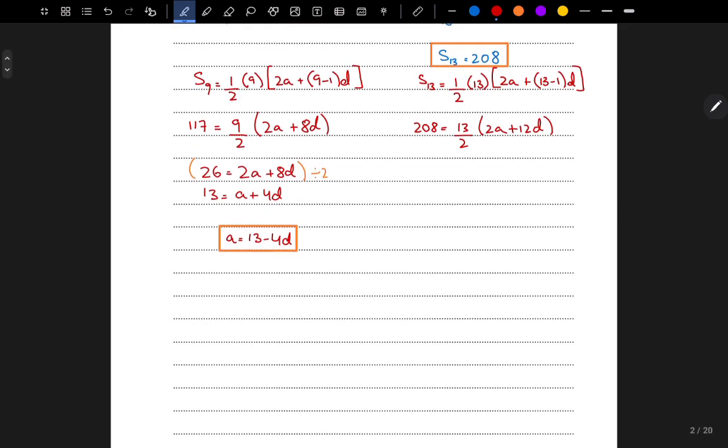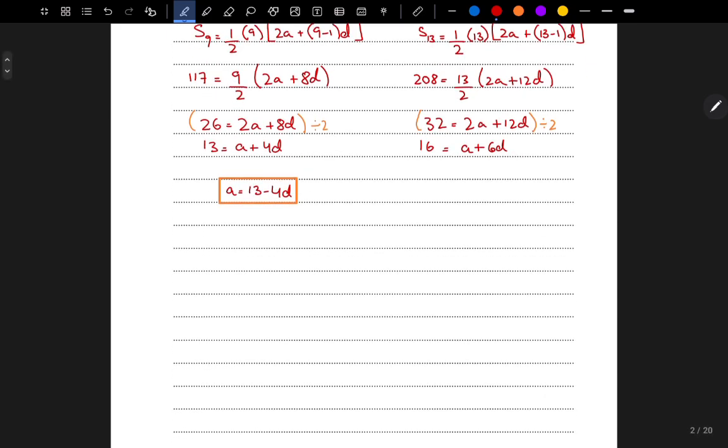If we solve this further, we'll get 32 equals 2a plus 12d, and we can divide both sides by 2, which will give us 16 equals a plus 6d, and we can rearrange and make a the subject, which will give us a equals 16 minus 6d.